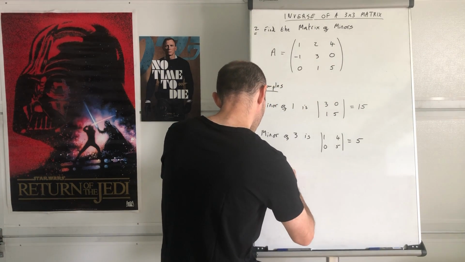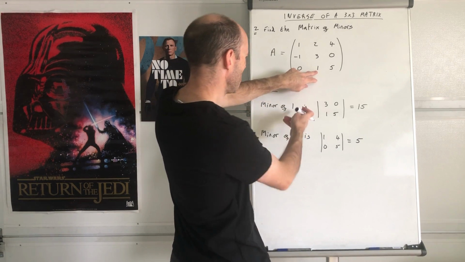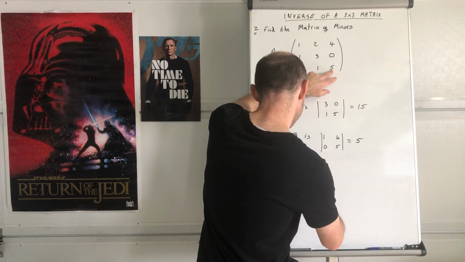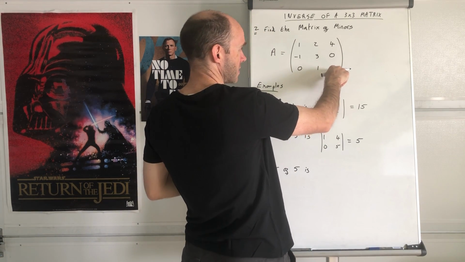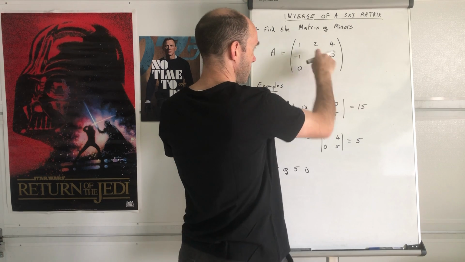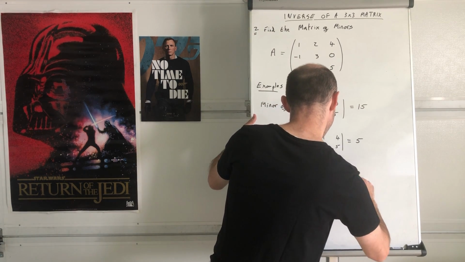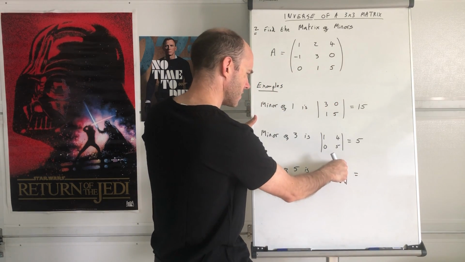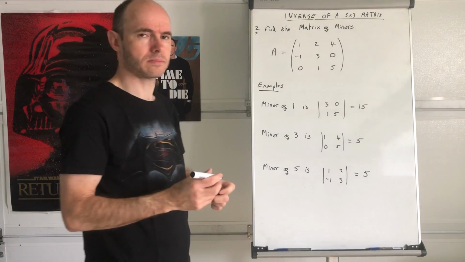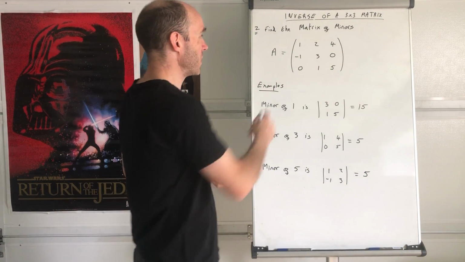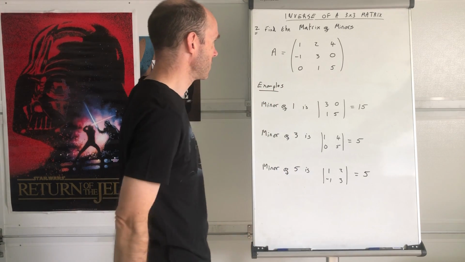The minor of 5. Can you see what we do? Same again, we cross out every element in the same row and column, left with 1, 2, -1, 3, and work out the determinant of that. So it's 3, subtract -2, so it's 5. So that's what we're doing. You've got to do that 9 times. Those are just some simple examples.